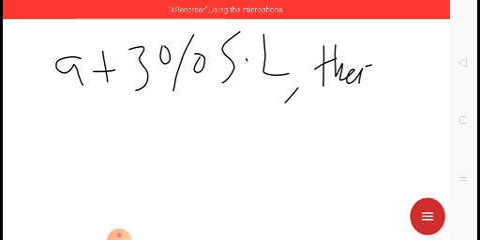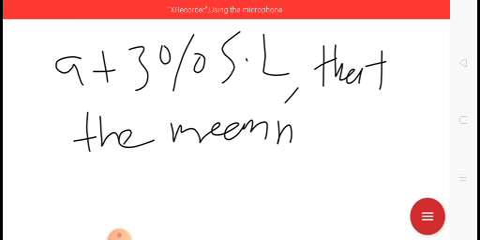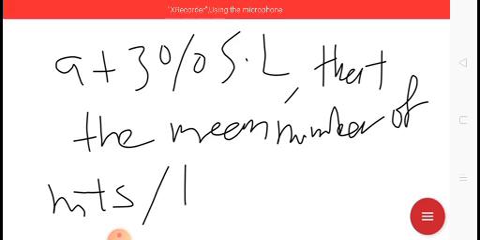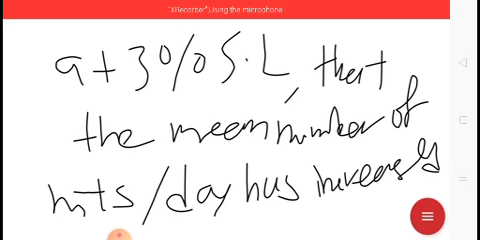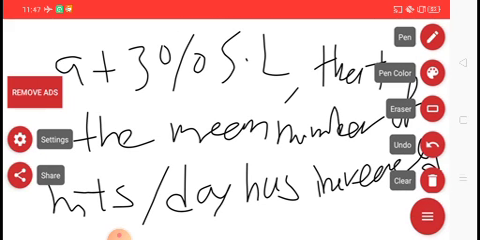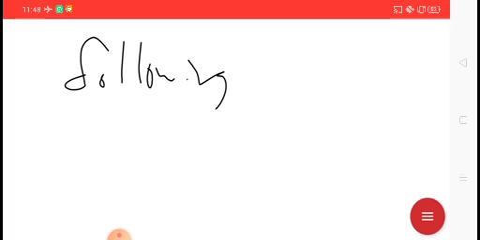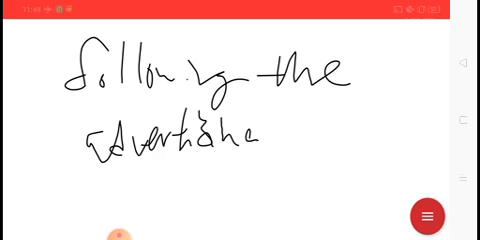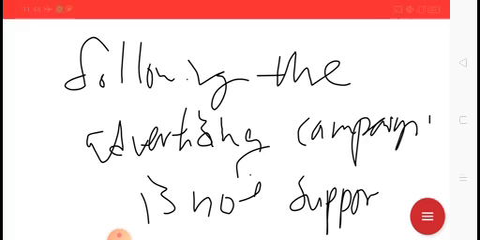That the mean number of hits per day has increased following the advertisement, or say advertising campaign, is not supported, right?